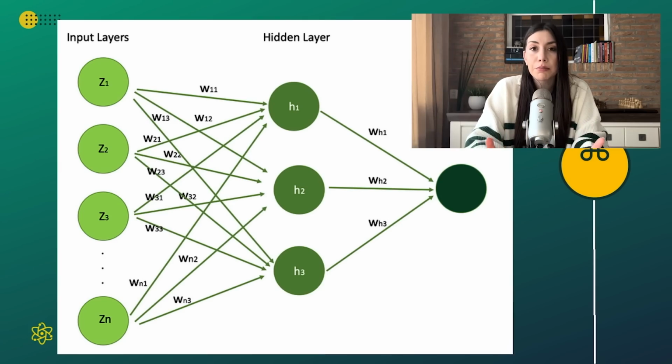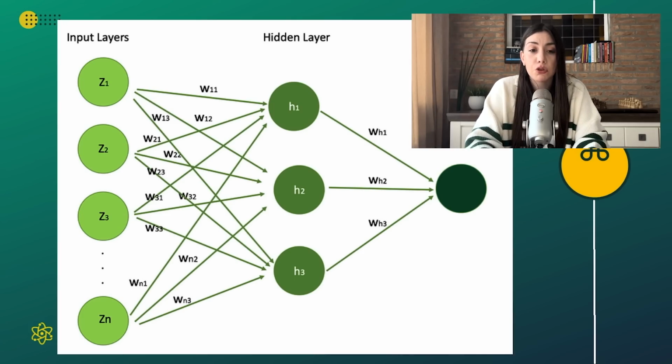In this simple architecture, we got just one hidden layer, but you can also have more hidden layers, which is usually the case with traditional deep neural networks. Hence also the name deep.